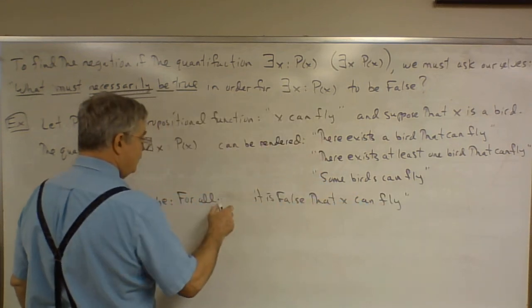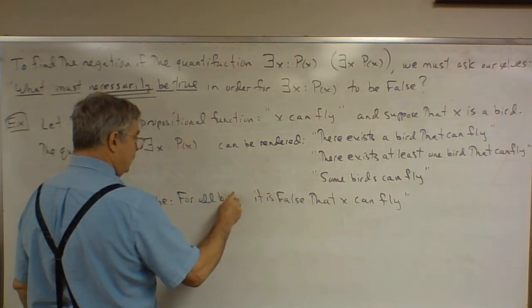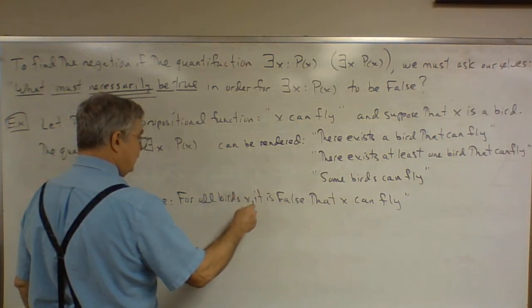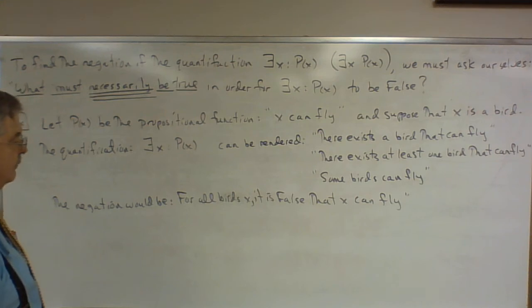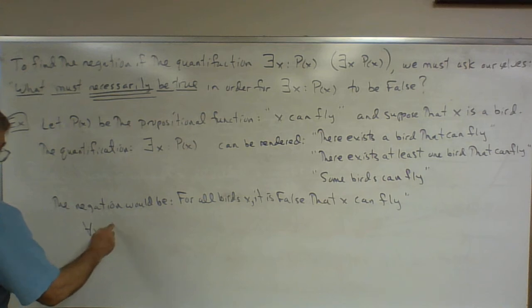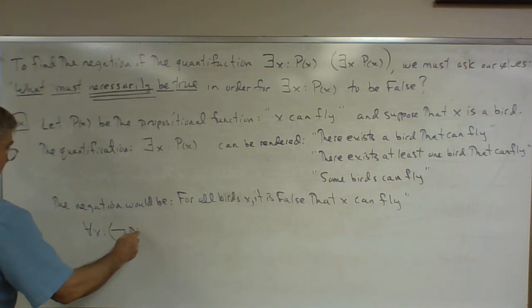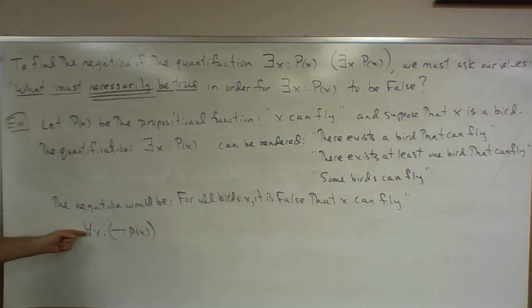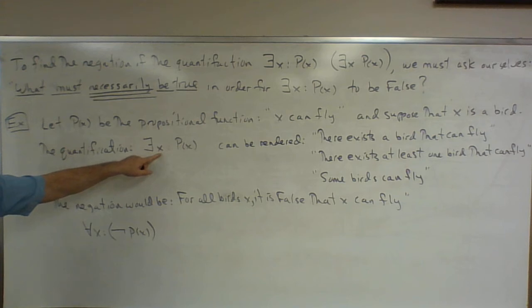So for all birds x, it is false that x can fly. For all x, p of x is false. This is how we negate a quantification that uses the existential operator. For all x, p of x is false.